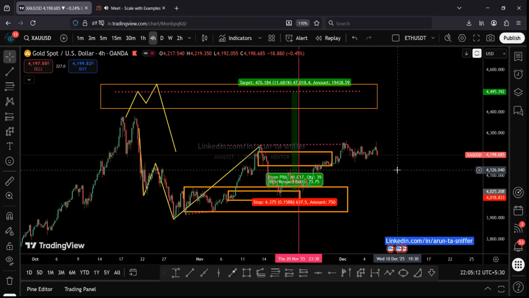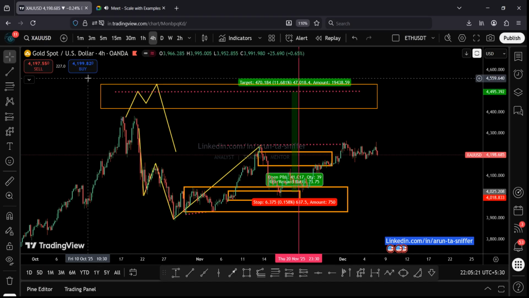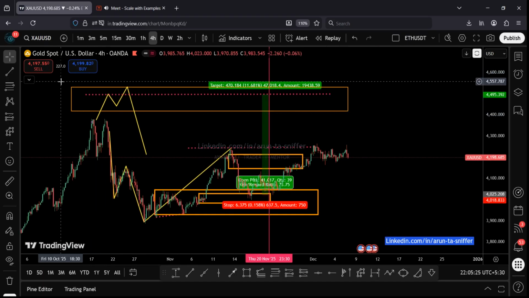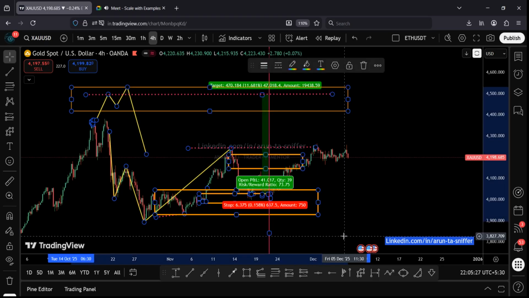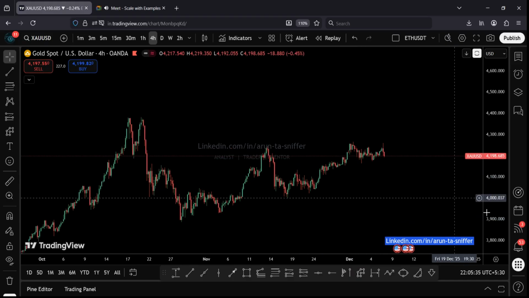If we go on the 1 minute time frame, we can also do something like this. Okay, focus on this. Let's delete this, and we will discuss another setup here, like this.